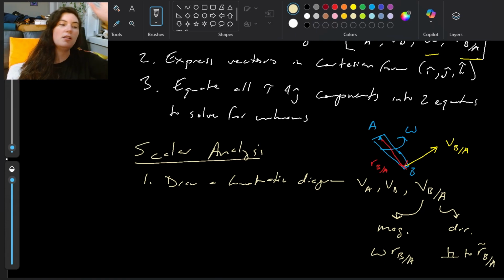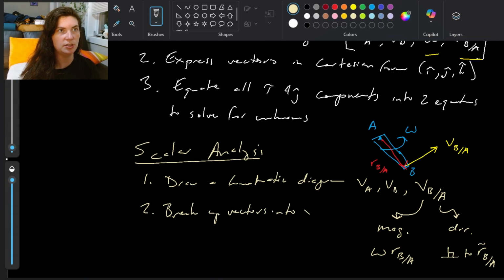So once you have all of that in your kinematic diagram, you're again going to break up your vectors, instead of into your Cartesian form this time, into x and y components. So break up vectors into x and y components.